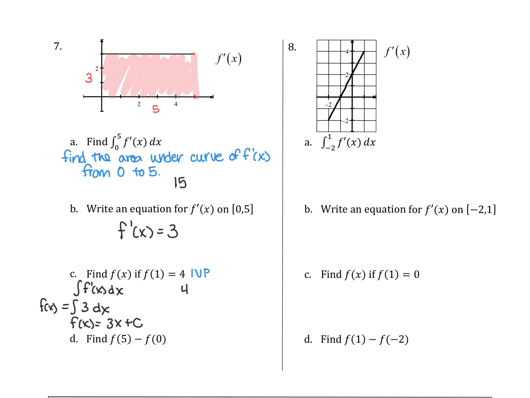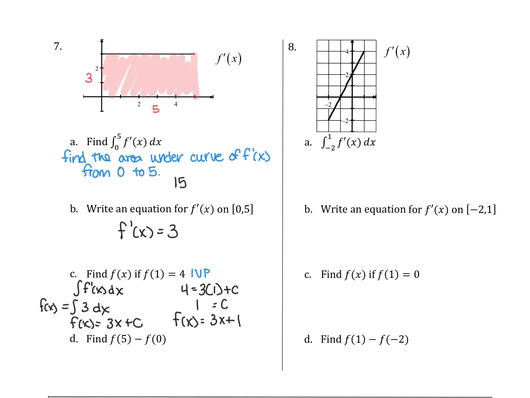So we would get 4 equals 3 times 1 plus c. Solving this, we get c to be 1, which means that my function that gave me the derivative of 3 is 3x plus 1 when the initial point is (1, 4).